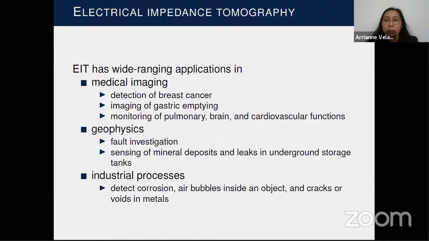Actually, the main application of EIT in medical imaging is lung monitoring, because EIT is a non-invasive, low-cost, and portable imaging technique. In physics, we have fault investigation and non-destructive testing for industrial processes.